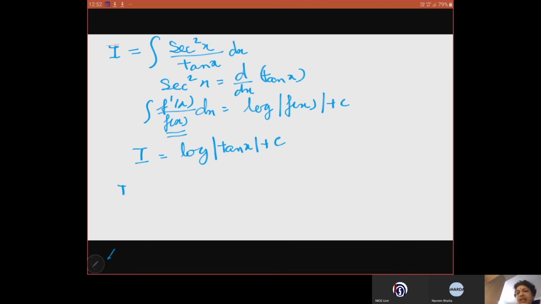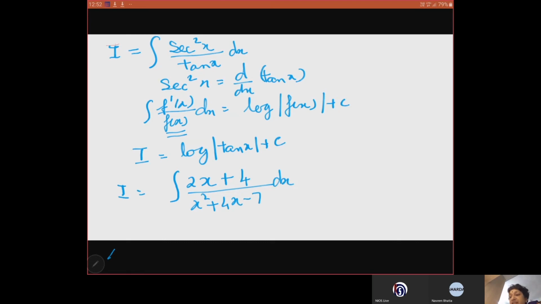Let me take one more example. Suppose I have (2x + 4) upon (x² + 4x − 7) to integrate.